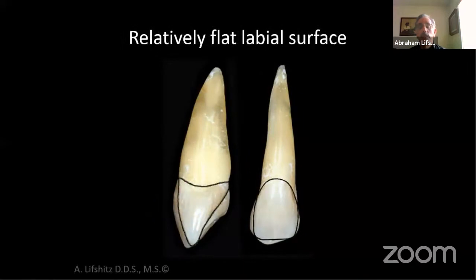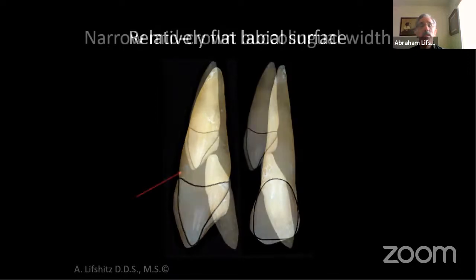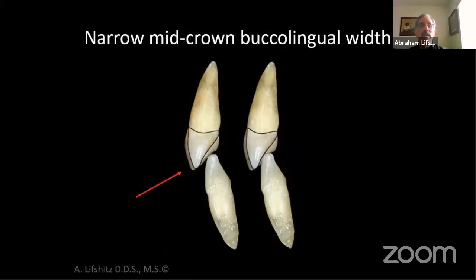Also, if you take a look at how convex the labial surface of the canine is in comparison to the lateral incisor, we might need to reduce that labial surface and make it a little bit flatter. It would be ideal to have a narrow mid-crown buccolingual width.